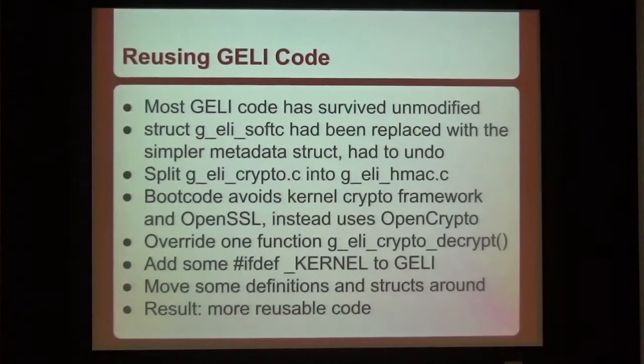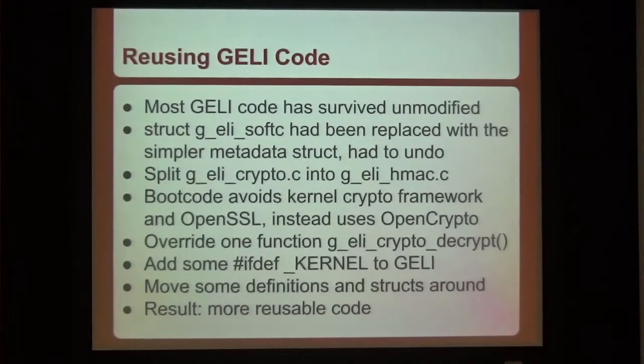The one big thing I had to do was that both the encryption and decryption stuff and the calculation of the HMAC was all in one file. And since I didn't want to use the encryption from GELI because it uses OpenSSL and the kernel's framework, I wanted just to do very basic AES on one block at a time.